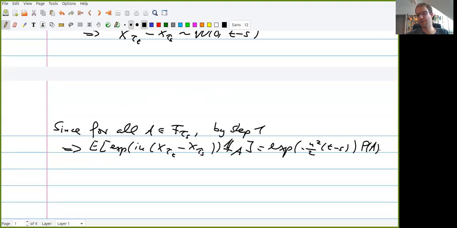So this is the constant, and this is the expected value of the indicator function of A, which is just the probability of A.